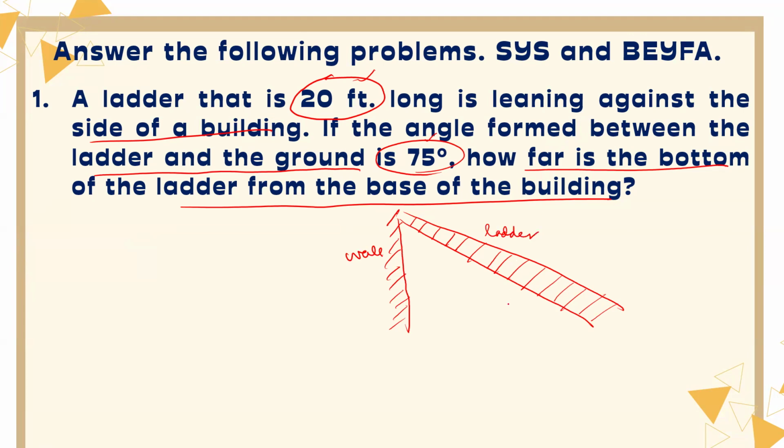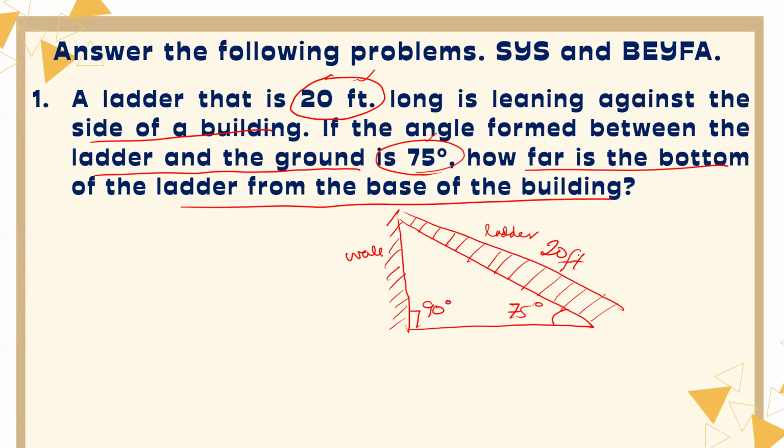And then the problem says that the ground and the ladder forms 75 degrees. Okay. Assuming this is perfectly 90 degrees, right? And then the ladder is 20 feet long. Okay. And then what else was given?